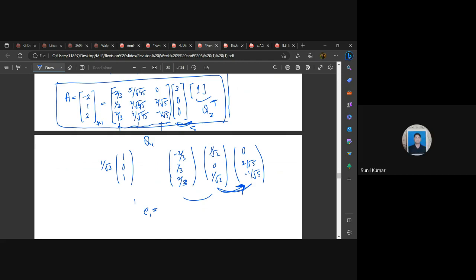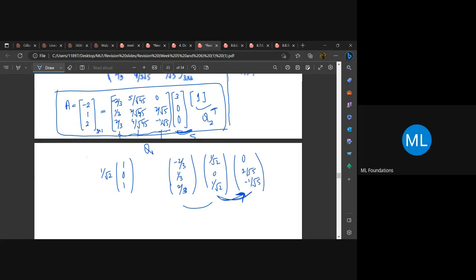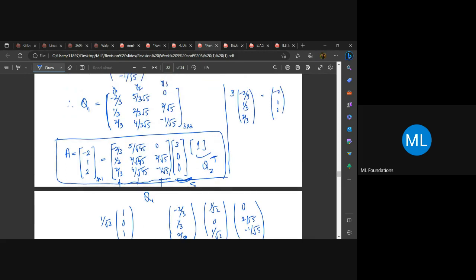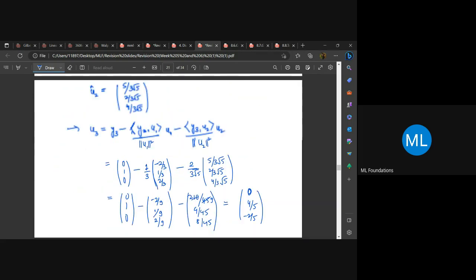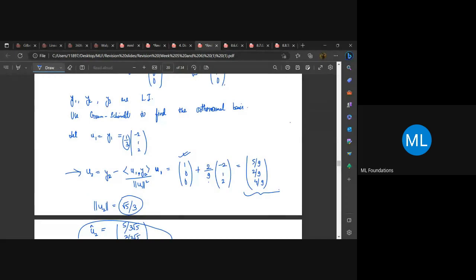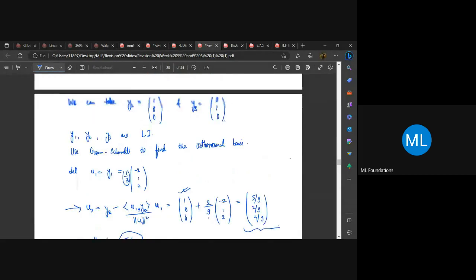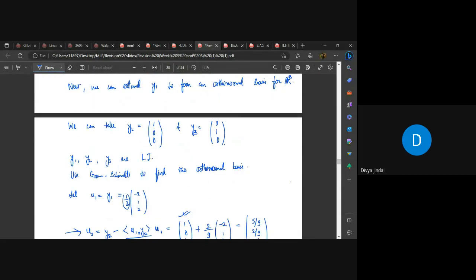What were we supposed to find? You had to find the SVD, and we did find the SVD for this matrix. What he asked is whether y2 and y3 can be anything, because we chose them ourselves. It was our choice to take y2 to be 1 0 0 and y3 to be 0 1 0.